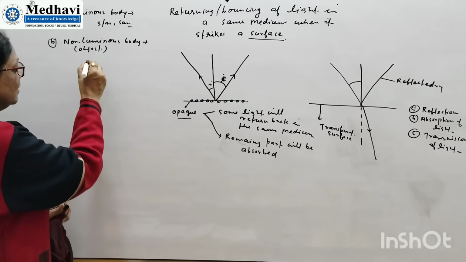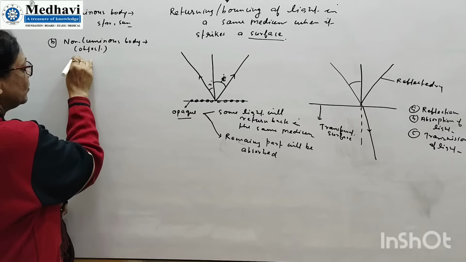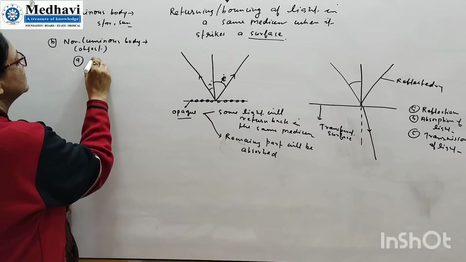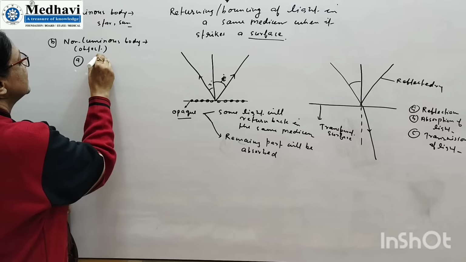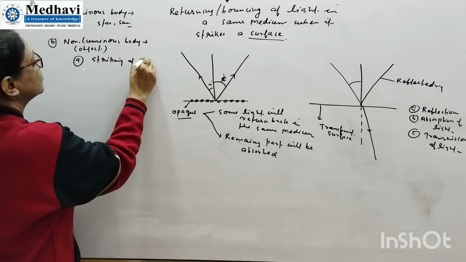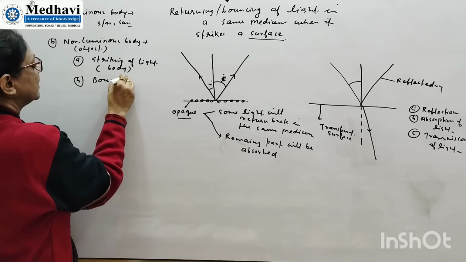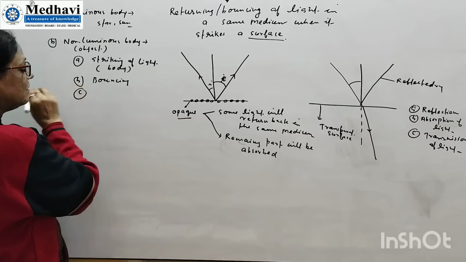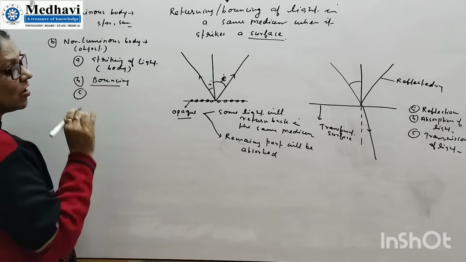That means for visibility of a non-luminous body, first light should strike the surface, then bounce, and that bounced light falls on our eye.